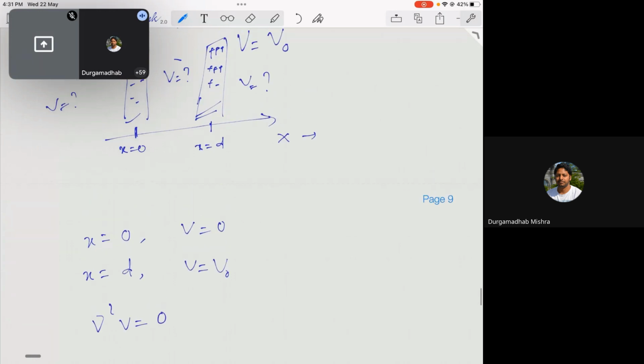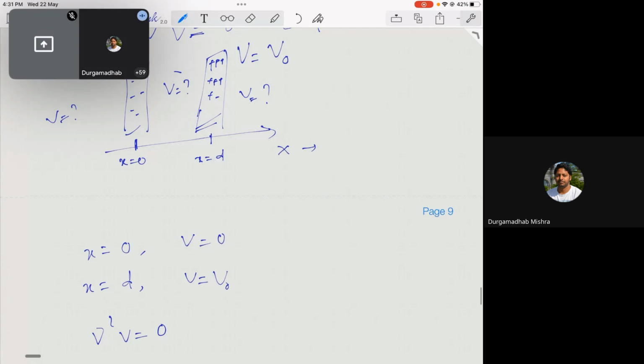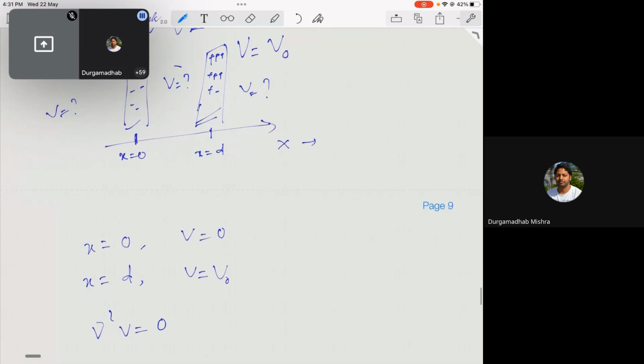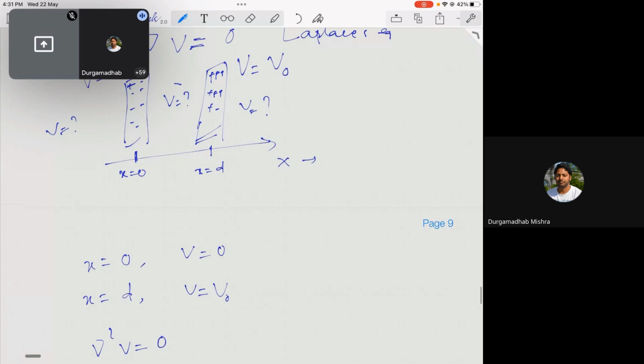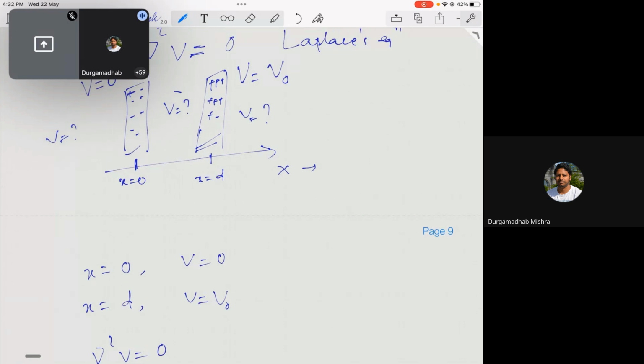But as we can see, the potential only varies along the x direction. Since we are considering an infinitely large charge distribution in y and z, the potential variation in y and z will be very small, almost negligible.